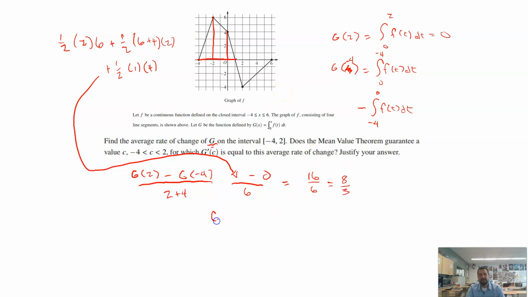So since it's both continuous and differentiable on the interval in question, we can use the mean value theorem. I know that's a little bit confusing because usually we look at this graph to determine that, but it's asking about G, which is a separate graph.